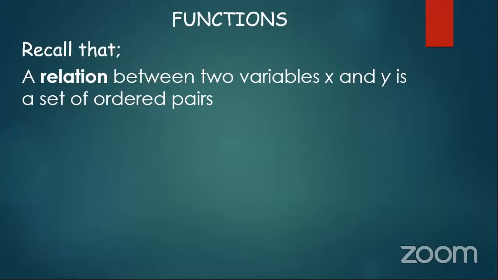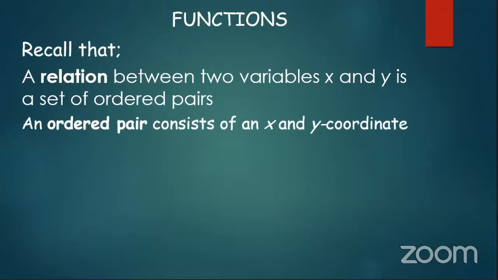So ordered pairs, write them in form of x and y. So it becomes a pair which has two inputs, x and y. So we are saying an ordered pair consists of an x and y coordinate.